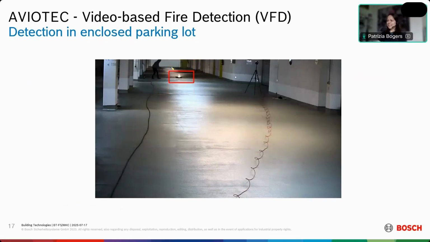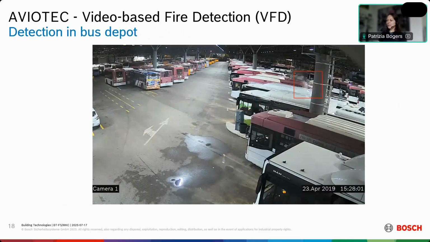Last but not least, a video out of a bus depot that I wanted to share here. You see the smoke arising between the buses. This is an installation from Italy, where we also had the chance to install AVIOTEC, and you see that this is a typical event, how it can happen in these areas, in these surroundings.